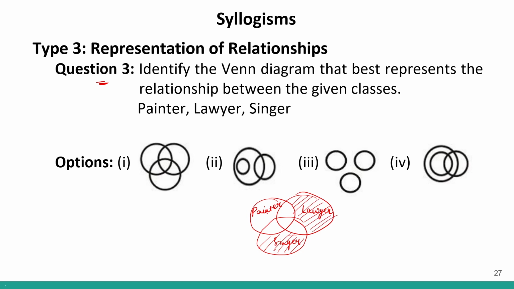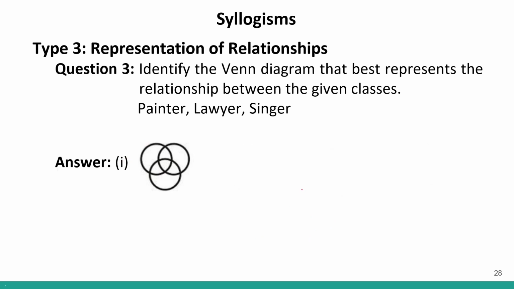But this area will represent people who are into painting also and who are lawyers also. So this will be the correct diagram for lawyer, singer and painter. So this is given in option number 1. So option number 1 will be the correct answer to this question, because it completely signifies the relationship between painter, lawyer and singer. Okay.